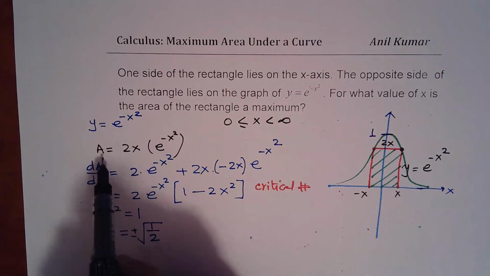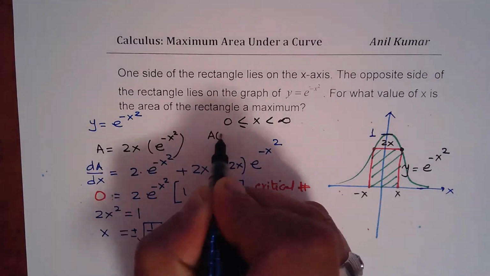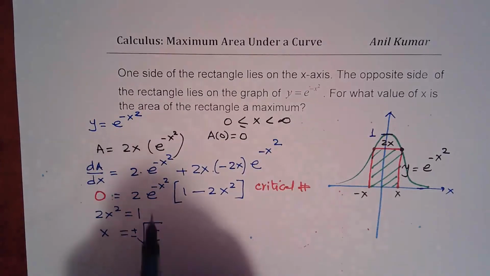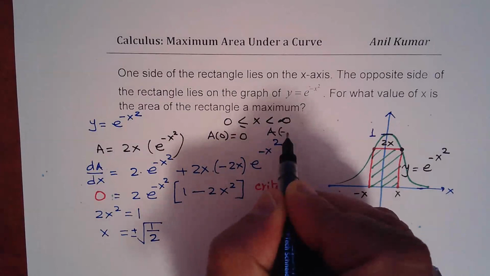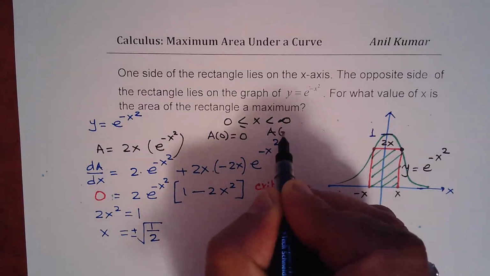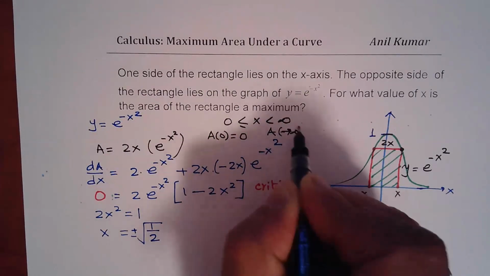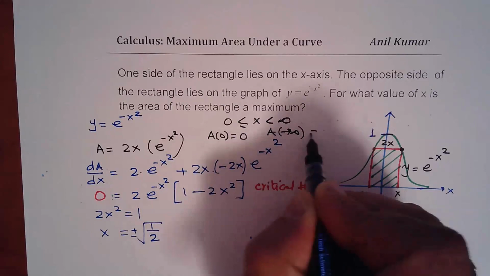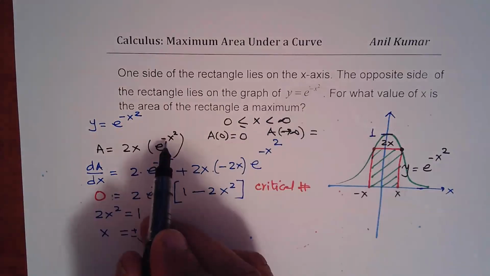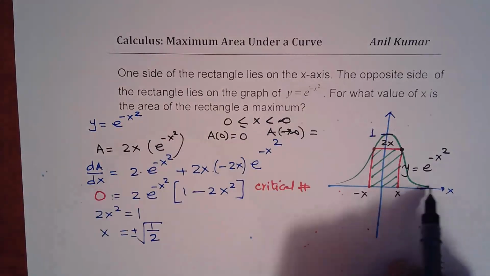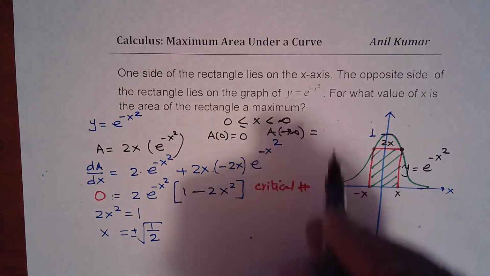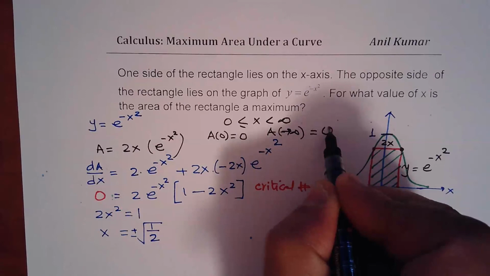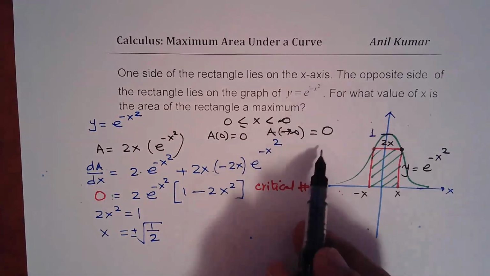So we know A(0) is equal to 0. And if I write A approaching infinity, I mean a large value of x, in that case e to the power of minus x squared approaches 0, right? So the area also approaches 0. Therefore any area in between is the maximum.